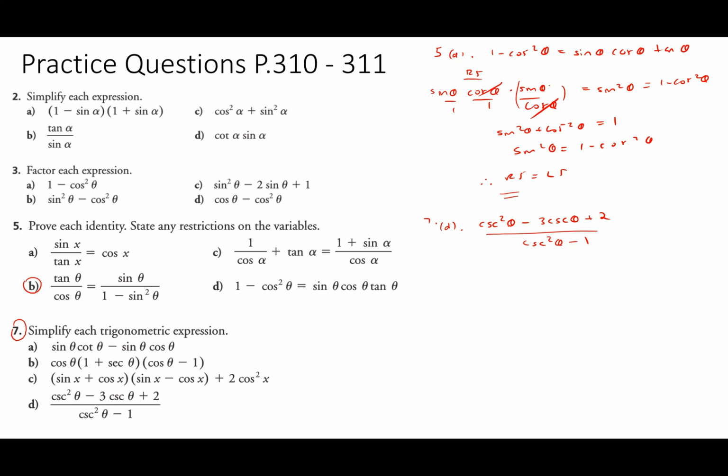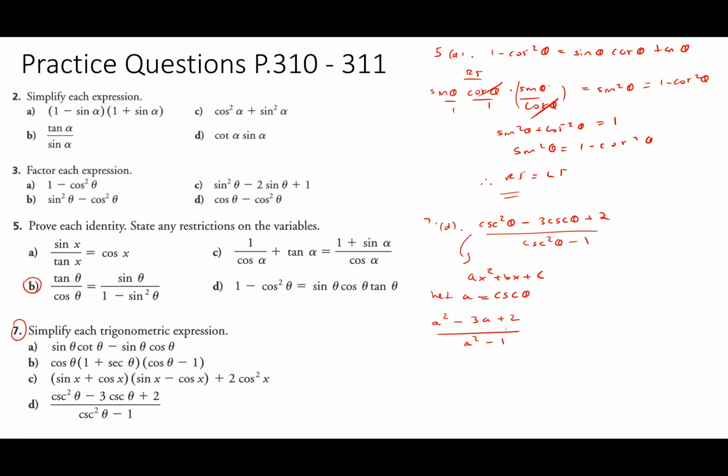Whenever you have a square term, a term of degree 1 and a constant, you can think about this as the format ax squared plus bx plus c. Having said that, if I let a equal cosecant theta, and you can do the substitution because you have repeating values, you get a squared minus 3a plus 2 on the numerator, and on the denominator you get a squared minus 1.